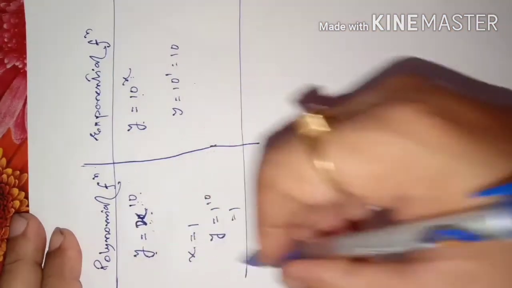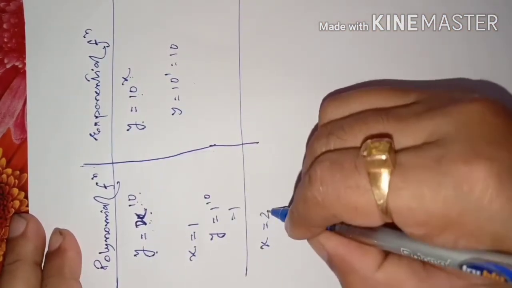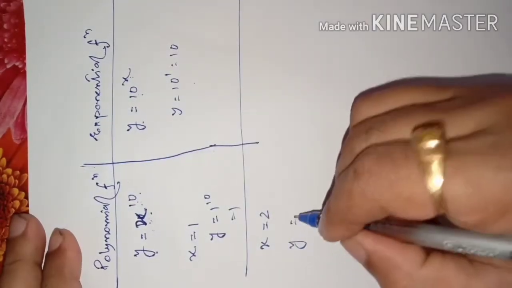Just you see. Suppose I take x equal to 2 here. Then y will be equal to 2 to the power of 10.